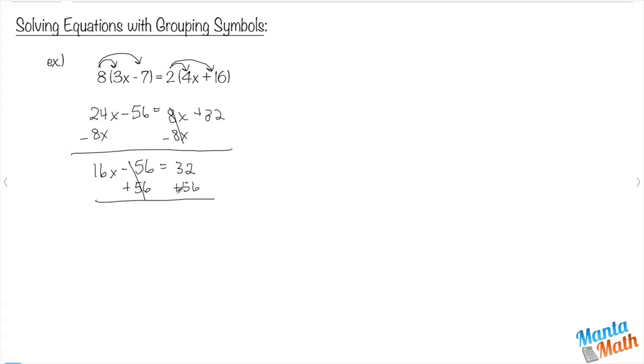That cancels out here, and we're left with 16x equals, and 32 plus 56 is 88. We're going to get this as a single x, so divide by 16 on both sides. This cancels out on the left side, and x equals, and you can simplify this down to 11/2.